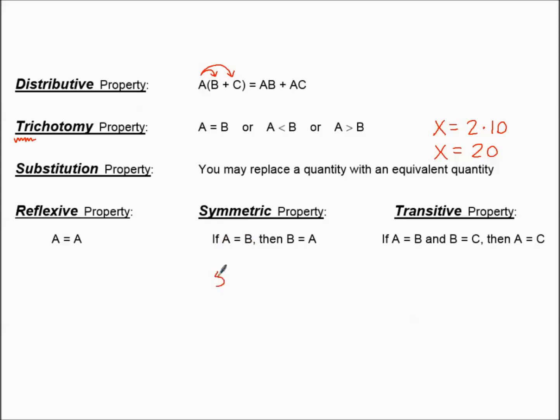For example, if you came down to an equation and you said that 5 equals x, we can flip that around and feel a little bit more comfortable with x equals 5. That's an example of the symmetric property. And finally, the transitive property, you looked at this in geometry as well, very similar to the law of syllogism. If A equals B and B equals C, then A equals C. We have that connection right here in the middle so that we can get the beginning and the end together.